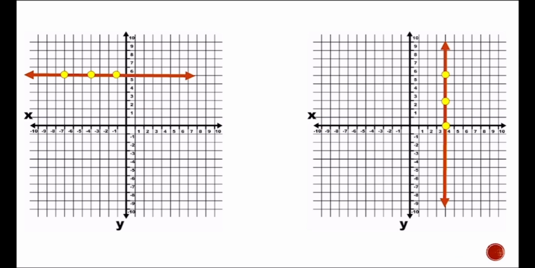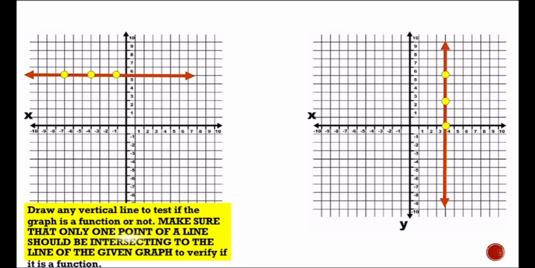In terms of graph naman, paano natin malalaman kung ang graph ba ay function or not a function? So, gagamit tayo ng tinatawag na vertical line test. Ito yung patayong linya na kung saan, pag nilagay mo siya sa Cartesian plane, wala dapat tatamaan na dalawa o higit pang points.